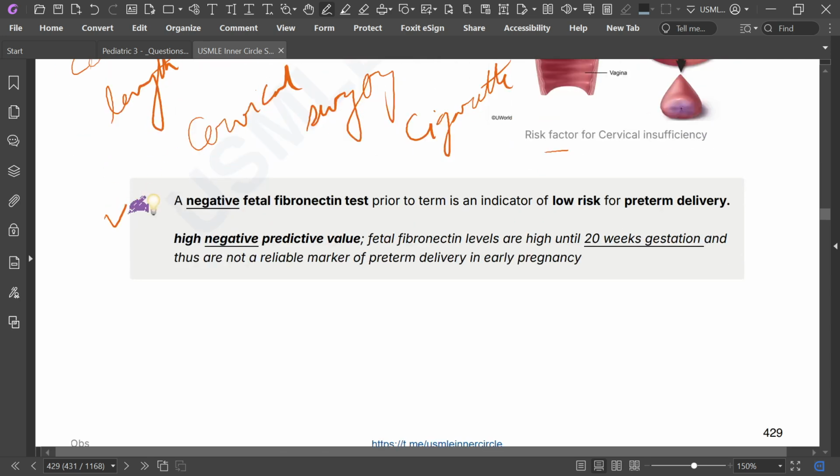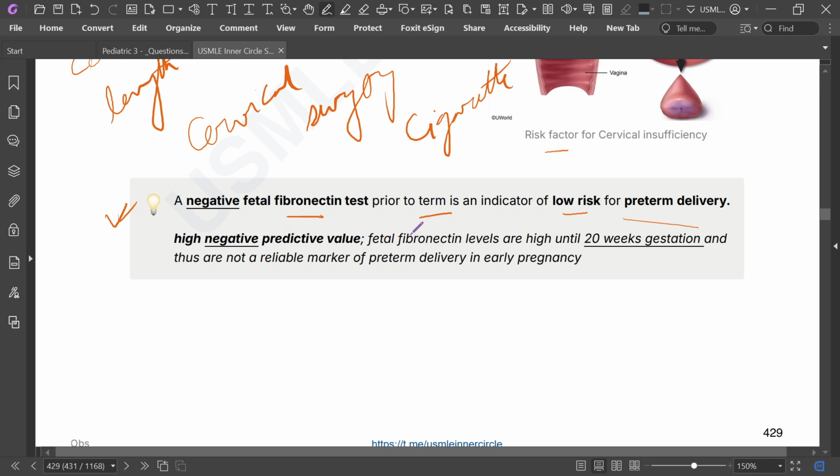A negative fetal fibronectin test prior to term is an indicator of low risk for preterm delivery, and it has a high negative predictive value.